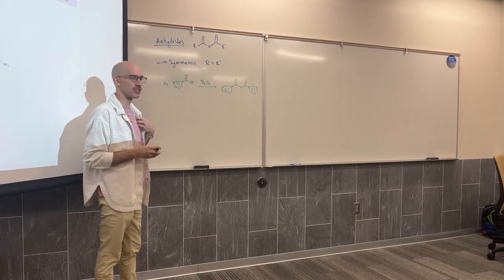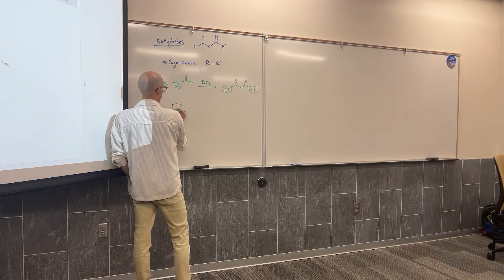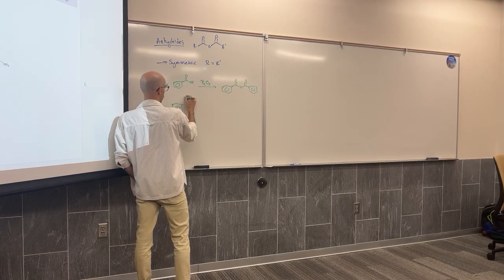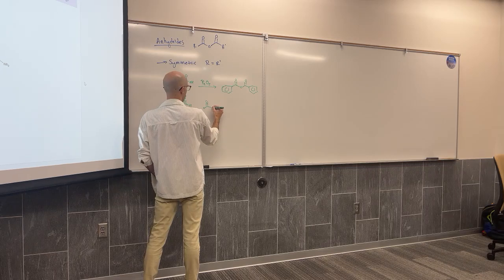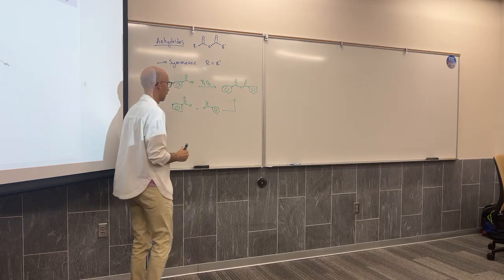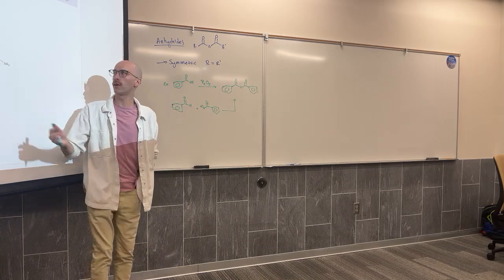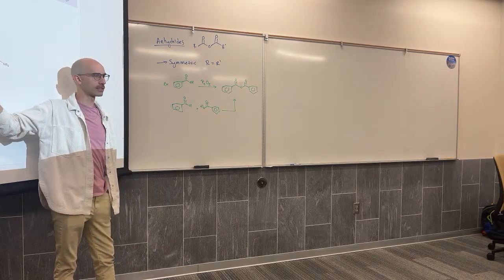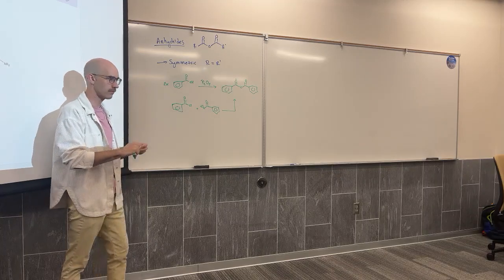Now, what if I wanted to do this from an acid chloride? Well, because it's symmetric, I'll have an acid chloride that reacts with a carboxylate. My carboxylate needs a negative charge, or I can valence that carboxylate with a counter ion.